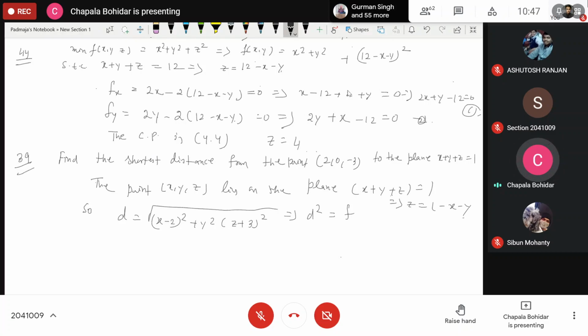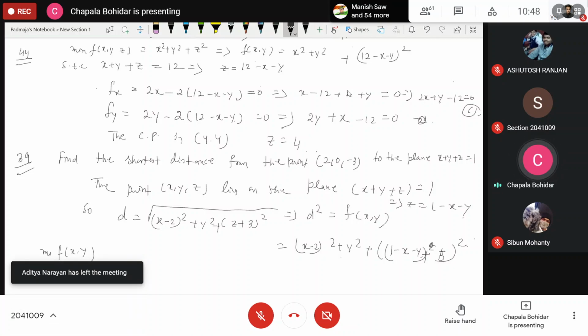I can put here the function of x, y is equal to (x minus 2) squared plus y squared plus (1 minus x minus y plus 3) whole squared. So shortest distance is the minimum distance.